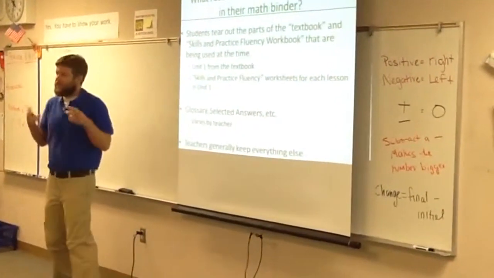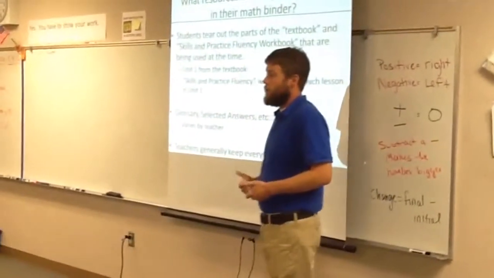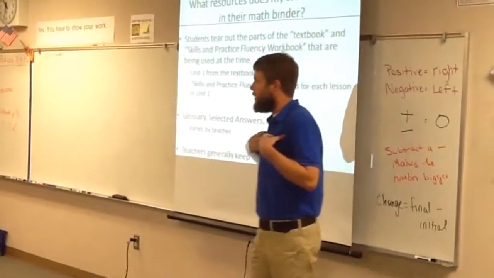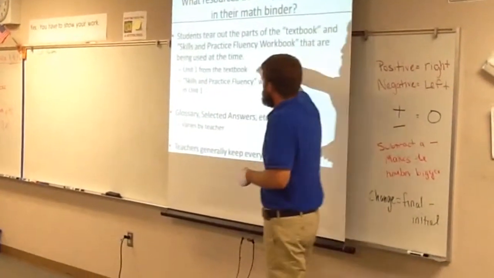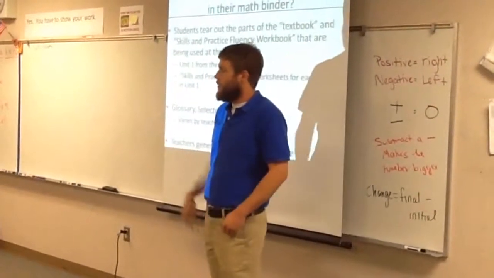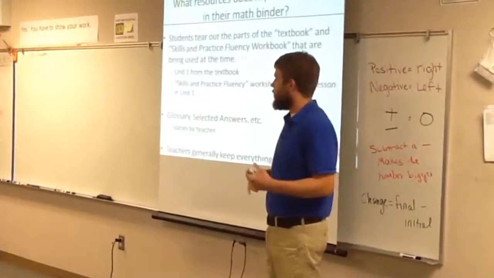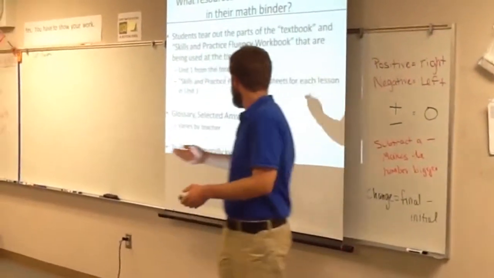Students tear out the parts of the textbook and the Skills and Practice Fluency book that we're using at the time. So for example, now in my 7th grade classes, we're still in Unit 1. They will tear out all of Unit 1 from the textbook, put that in their binder. They'll tear out all of the worksheets that correlate to the Unit 1 lessons from that book and put that in their binder.